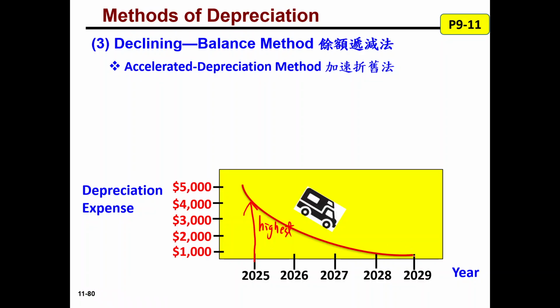And the last year, you will have the lowest depreciation expense, okay? So that's a declining balance method. We want to get the result like this. So what's the result like this? First year, the highest, and the amount decreasing to the last year should be the lowest, okay?